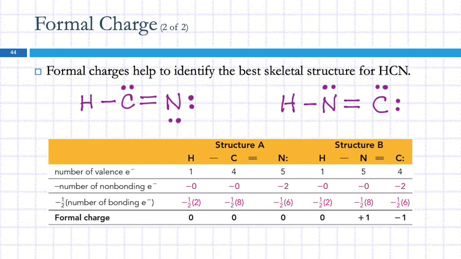So this is how you look at formal charges. I think of this as maybe being like three people that went into business together: hydrogen, carbon, and nitrogen. The money and resources that they brought to this business are their valence electrons, right? So hydrogen brought 1 valence electron, carbon brought 4, nitrogen brought 5. So they're business partners, and then things go south, and they're going to break up the business.